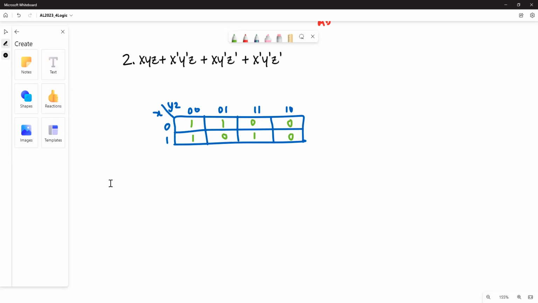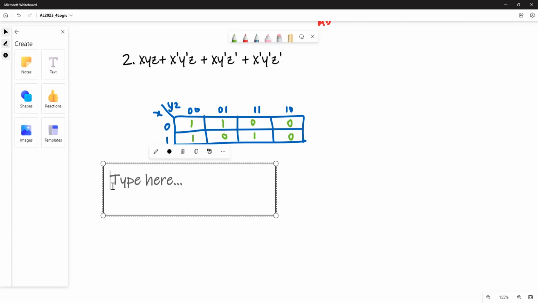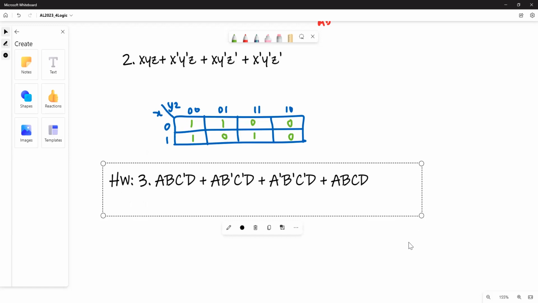As a homework, the third one is A B C bar D plus A B bar C bar D plus A bar B bar C bar D plus A B C D. Right?